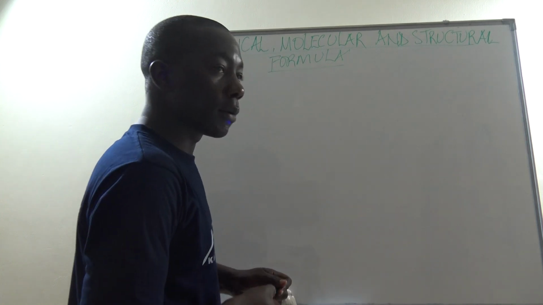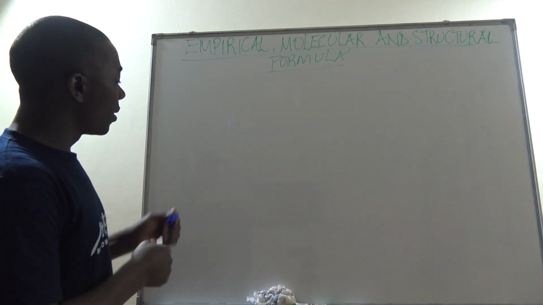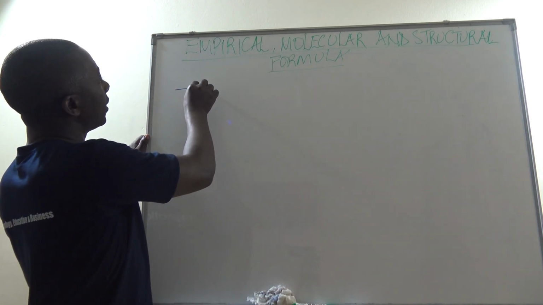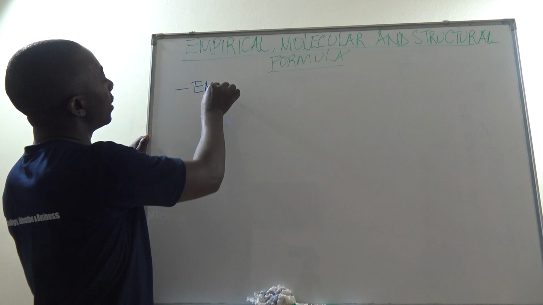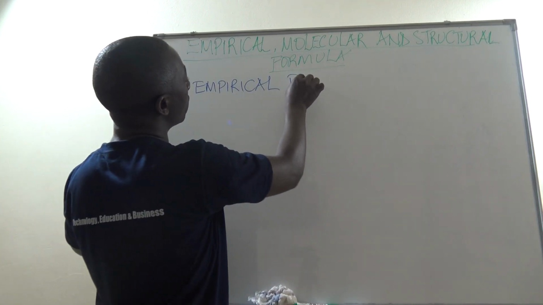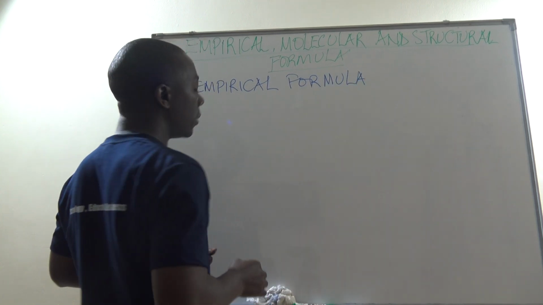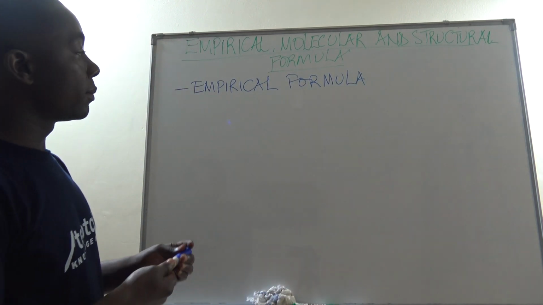and structural formula. But we're going to start looking at empirical, and we need to quite understand clearly the meaning of the word empirical. Empirical formula. This is just a formula.